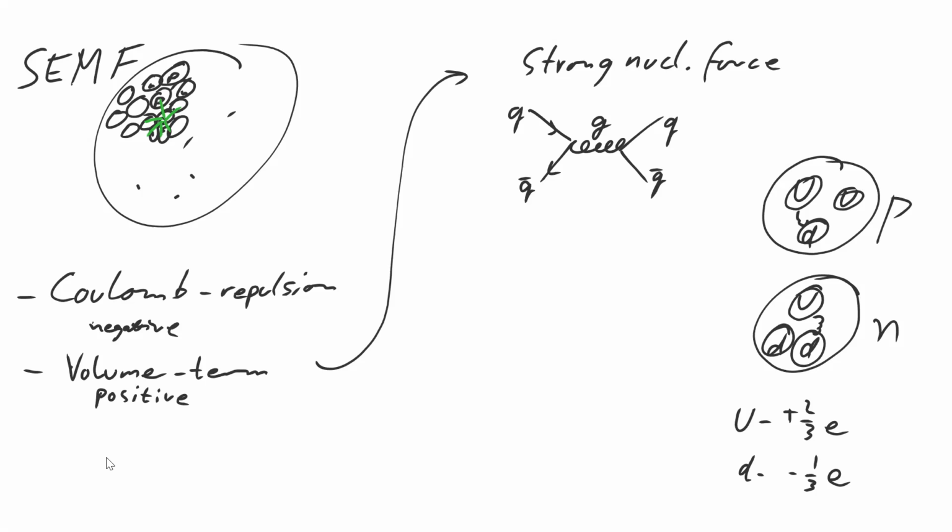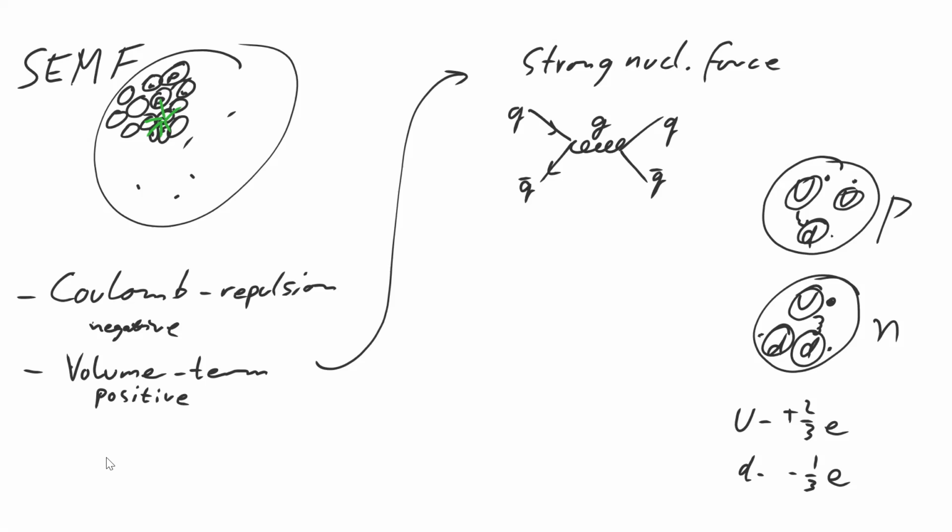Hence, plus 2/3 minus 1/3 minus 1/3 is 0 for the neutron, and plus 2/3 plus 2/3 minus 1/3 is plus 1 electric charge unit for the proton, right? And it turns out we can never observe free quarks, and so these fractional charges aren't really going to appear on their own, but quarks do have those fractional charges.